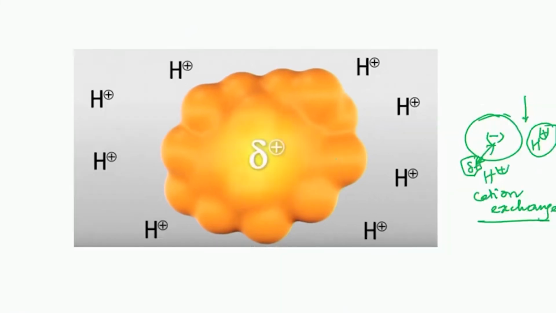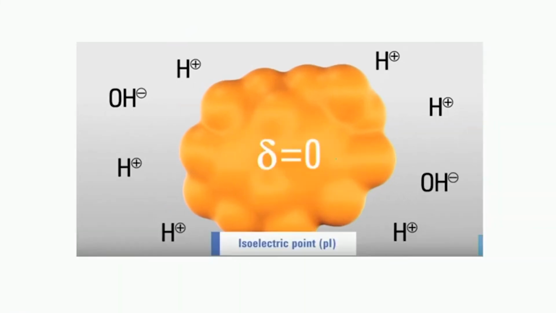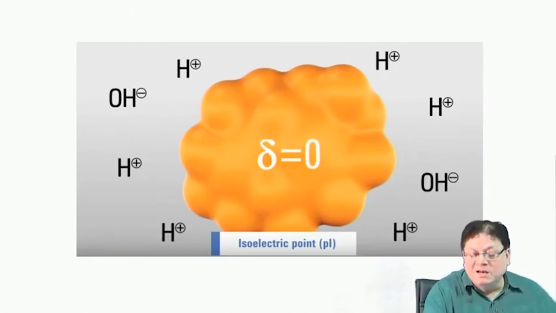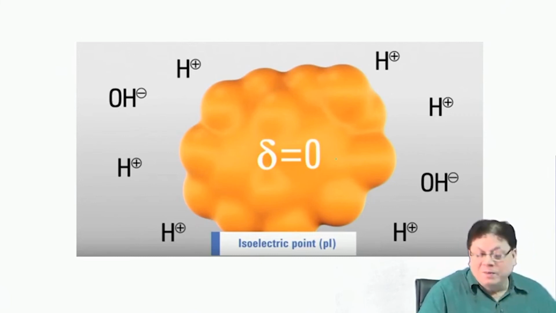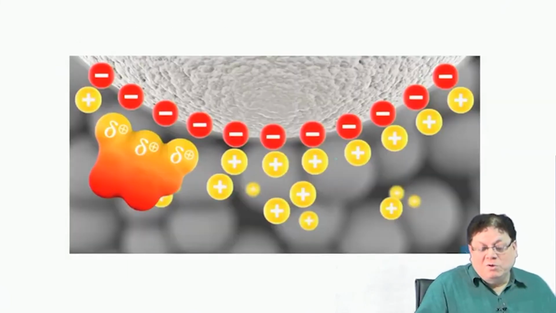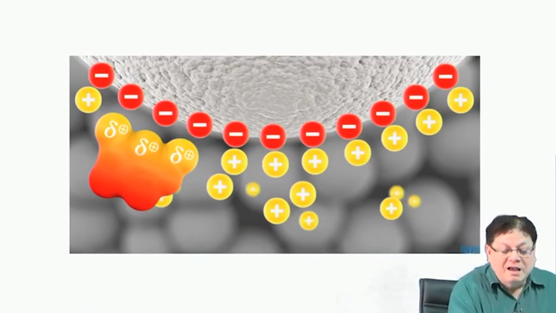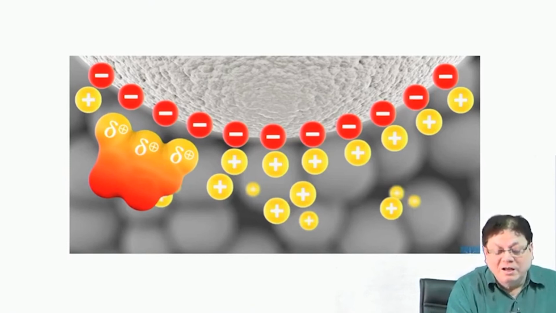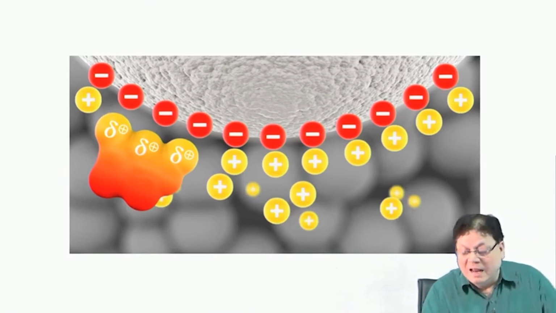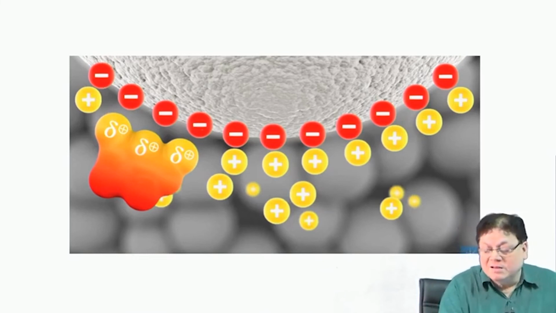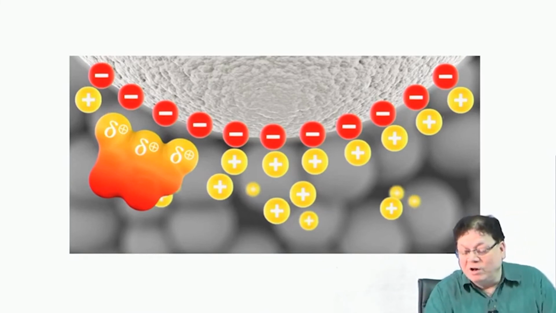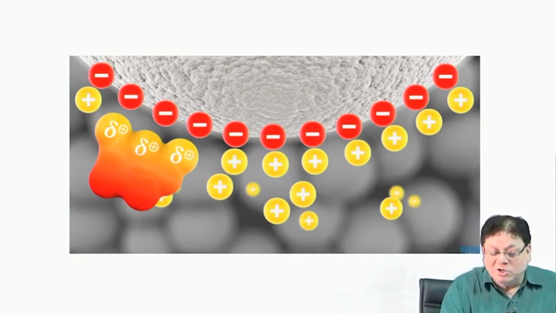Now, I will show you some slides on how it works. At the isoelectric point, the protein does not compete with anything and will be detached from the bead, because the overall charge is 0. Suppose this is the bead, and it has a negative charge. This is a cation exchanger, because it is surrounded by cations to start with.